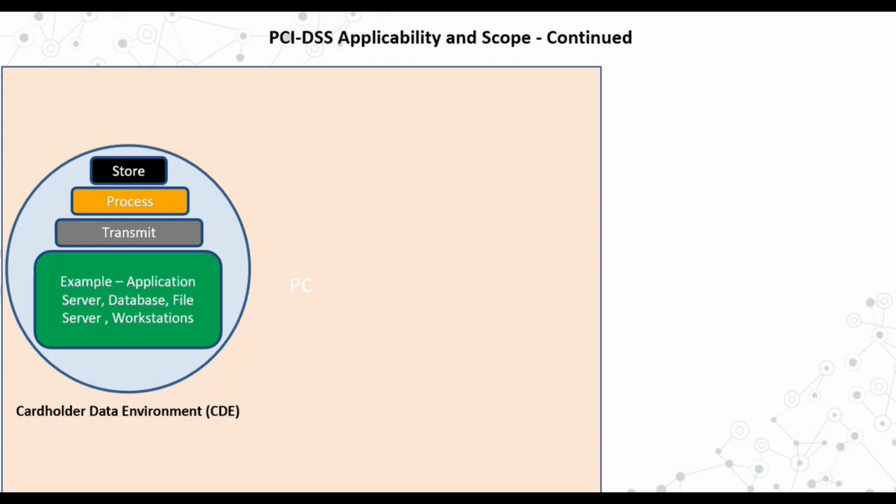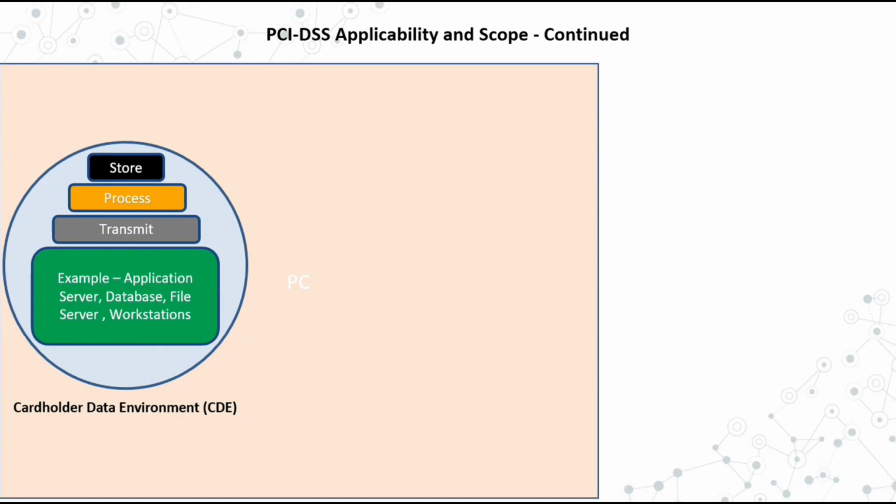That could be one example. Or you are sharing data through SFTP which contains the card number. Databases are the main place where you are storing it. Processing can be done through the application. Transmission can be done through the application as well.